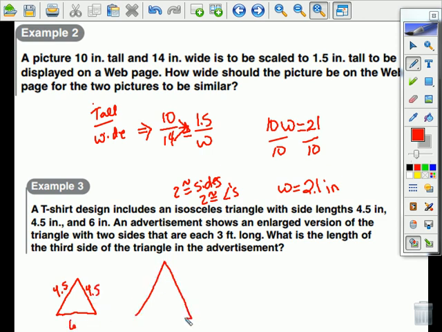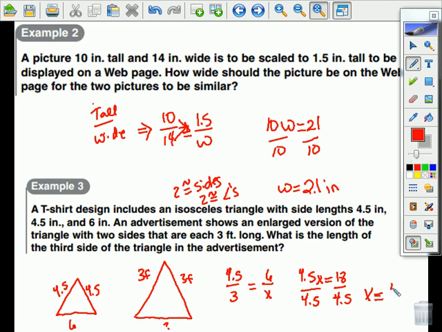And then the one that's going to be blown up is 3 feet, 3 feet, and I don't know how many feet. So I'm going to go from the smaller triangle to the large triangle, and I know the 4.5 corresponds to the 3, and I need to know what the 6 corresponds to. So when I cross product, I get 4.5x equals 18, divide by 4.5, and x equals 4, and this is in feet.